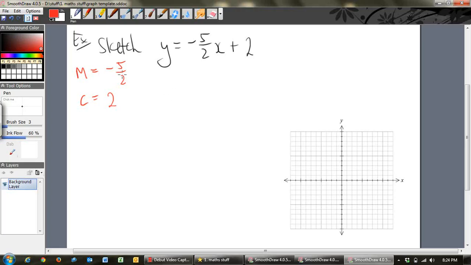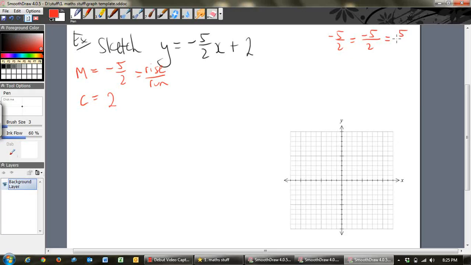Now m is already in a fraction, which is nice for us. So that's easy to see what the rise is and what the run is. You might not be able to see what this is equal to, so just a little reminder: -5 over 2 is equal to -5 divided by 2, so the negative's on the top line.